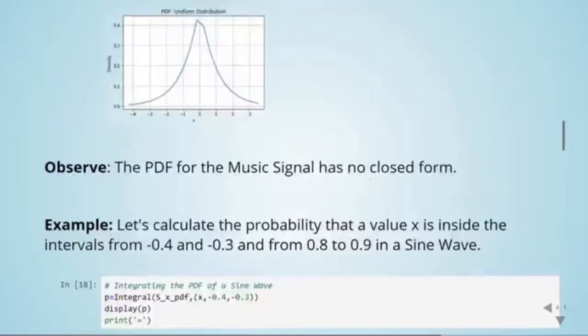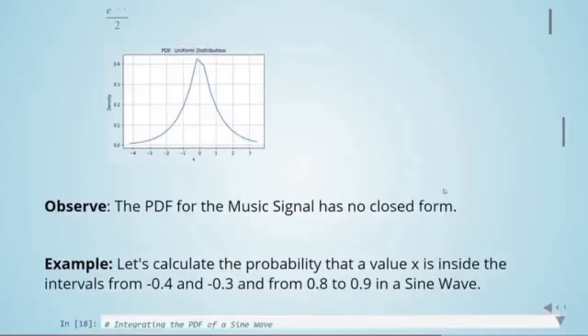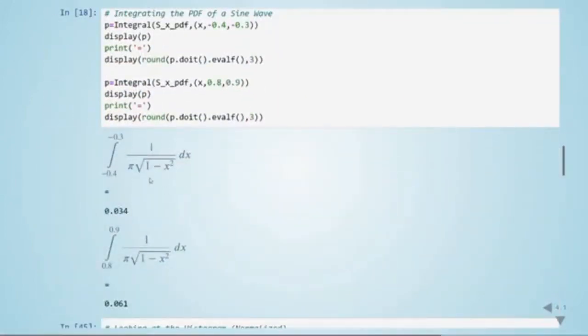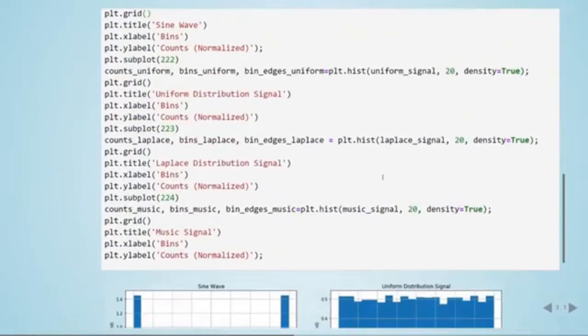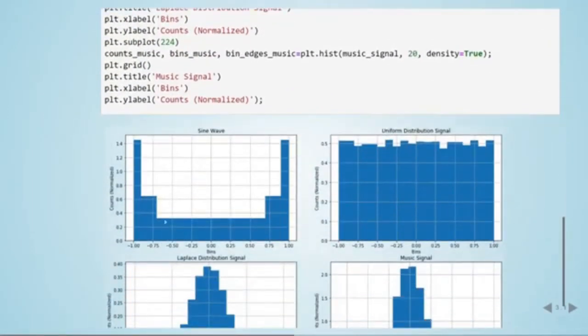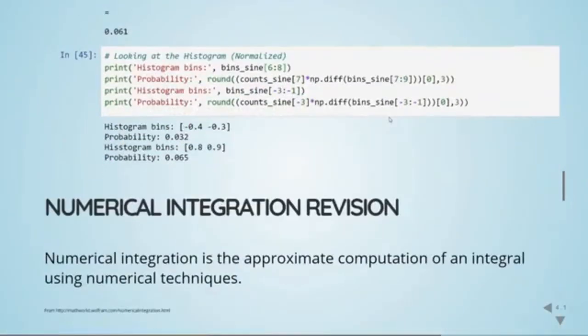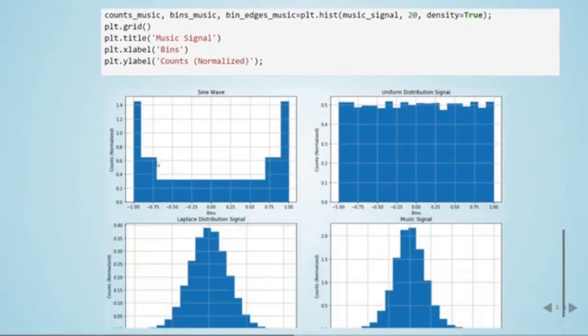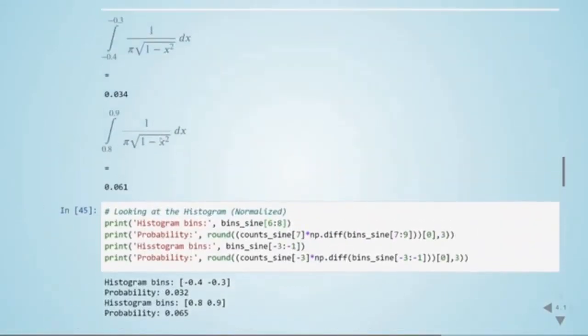We can do similar analysis with all the distributions, and then compare the value calculated by integrating this formula with the one from looking inside the bin of the histogram. We take a value and multiply it by the width of the bin, in this case 0.1, so it's the area of a rectangle, this times this, and we will find results which are similar to the integration of the PDF.